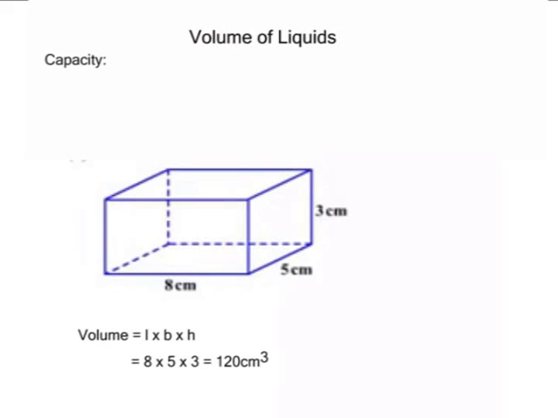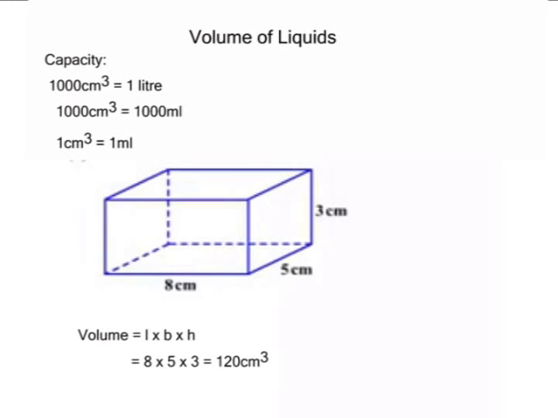Now, in terms of capacity, if you want to convert this volume, centimeter cubed, into milliliters or liters, we use this conversion. 1000 centimeter cubed is equivalent to 1 liter. Now, remembering that 1 liter is equal to 1000 milliliters, then it follows that 1000 centimeters cubed is equal to 1000 milliliters, and therefore 1 centimeter cubed is equal to 1 milliliter.